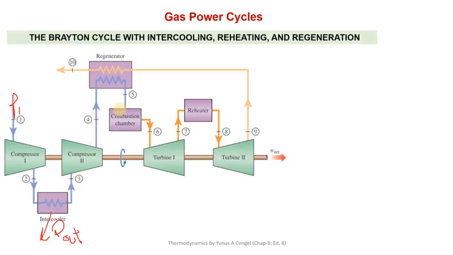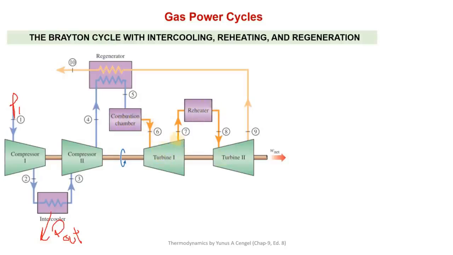Then 4 to 5 is regeneration process. At the exit of this second compressor, it is heated by the exhaust gases in the regenerator. Then it enters into the combustion chamber. So after the combustion chamber, there are 2 turbines with a reheater.